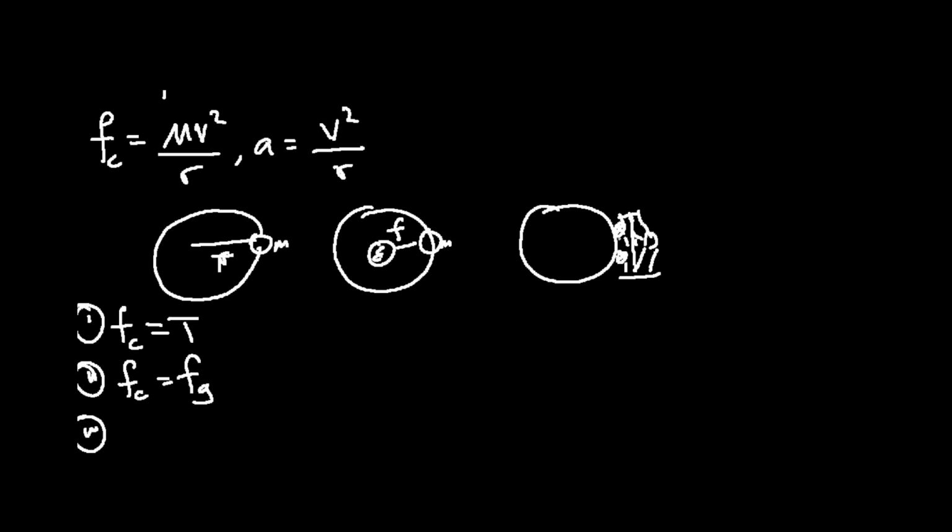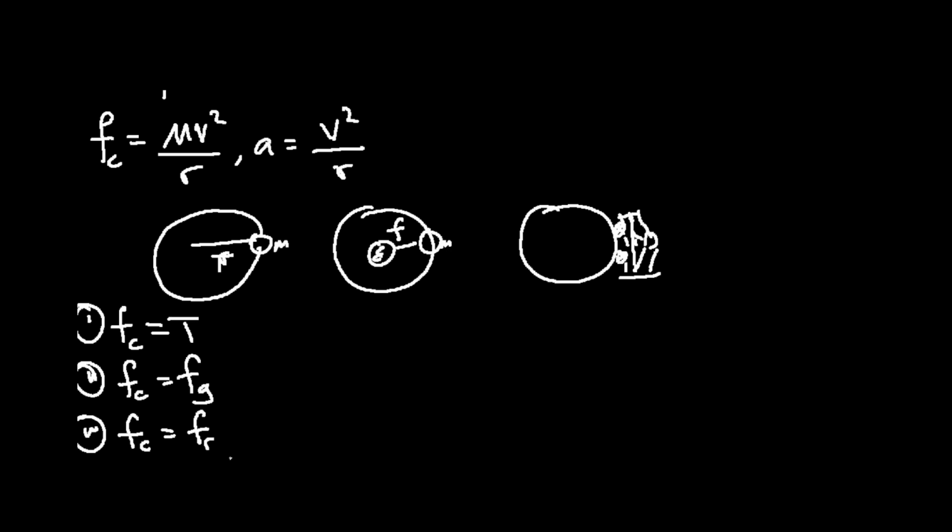Are you getting it now? It is the friction between the tire of this car and the road that provides what? The necessary centripetal force that keeps this body moving in this circular track. So in that case, we can say centripetal force is equal to what? Frictional force.